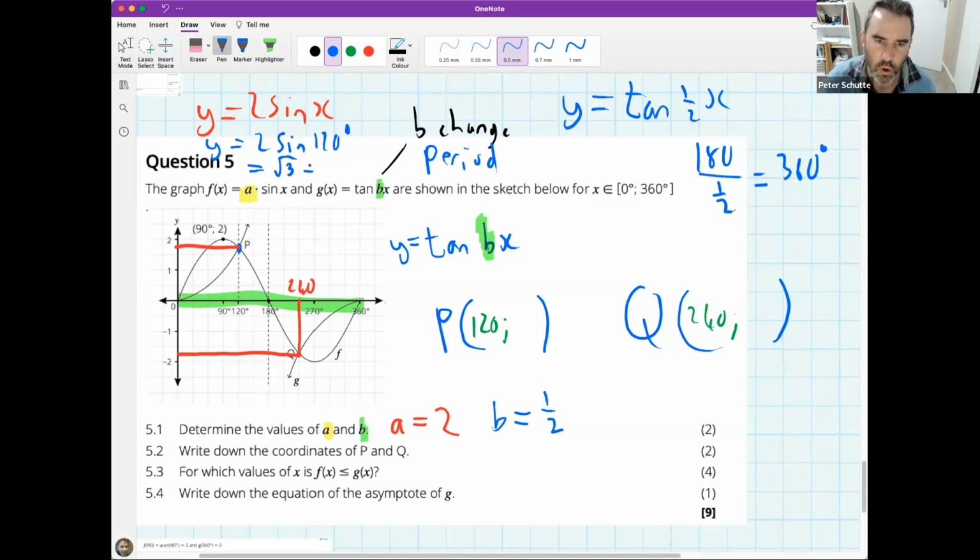Square root 3 or 1.7 something. Yeah, 1.73. And then using the same idea for the next one, what's going to go with 240? Yeah, and it's going to be minus 1.73.